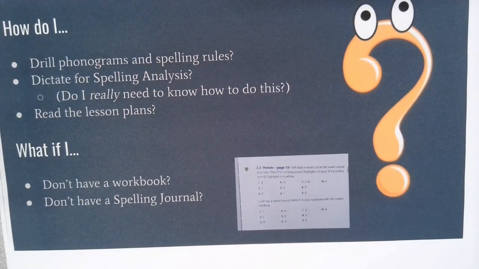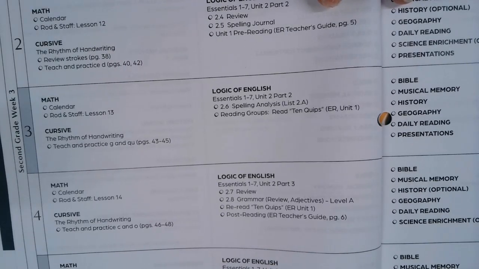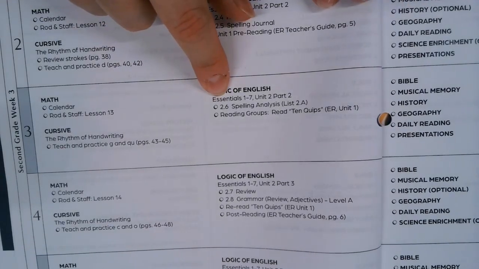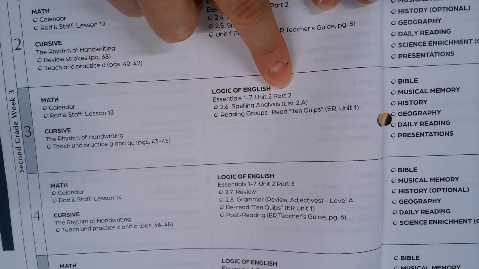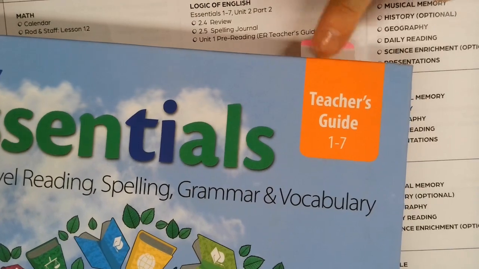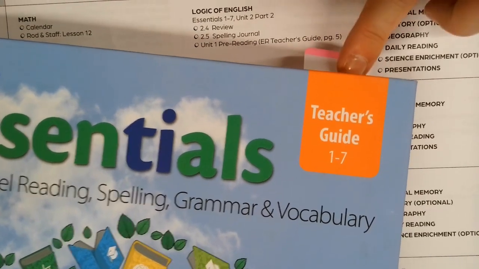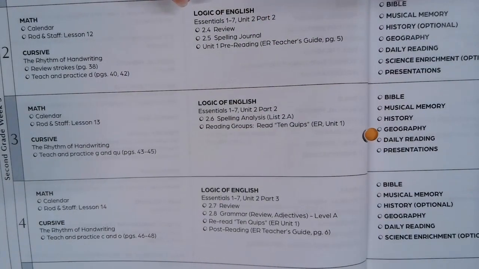How do I read the lesson plans? When you're looking at your plans, again, you're going to see essentials. It'll tell you which books. If you're in 1 through 7 or 8 through 15, whatever book you're in, it'll tell you the unit and the part. So I would just keep a tab in my book. I've got one right here. I like these tabs that are a little bit sturdier, and just have some type of bookmark tabbed where you're at so you can find that unit quickly.